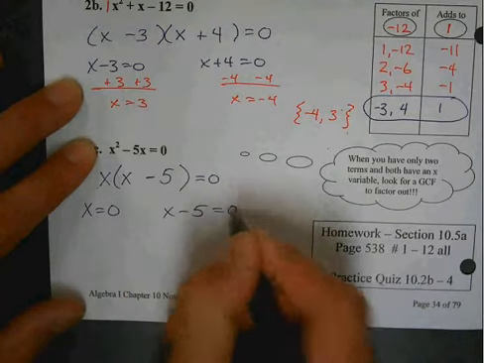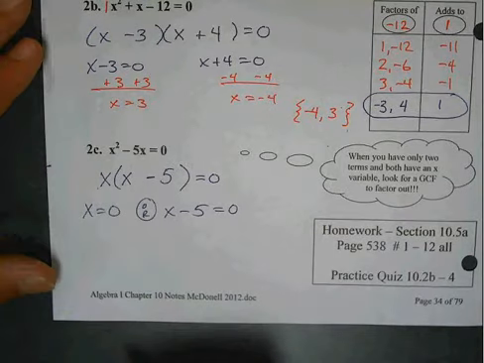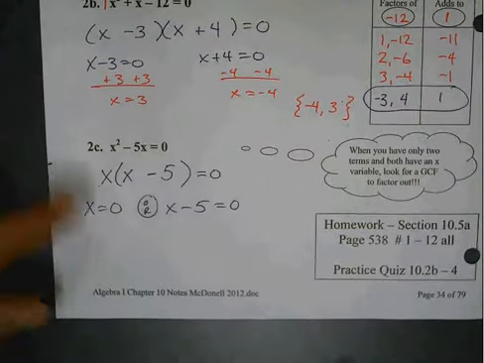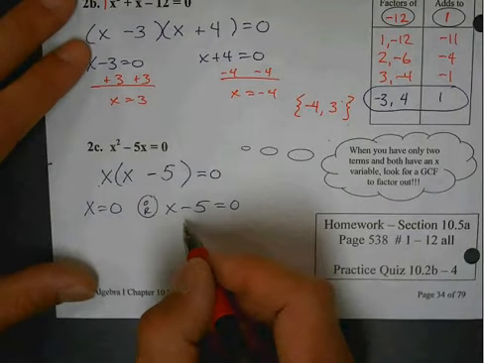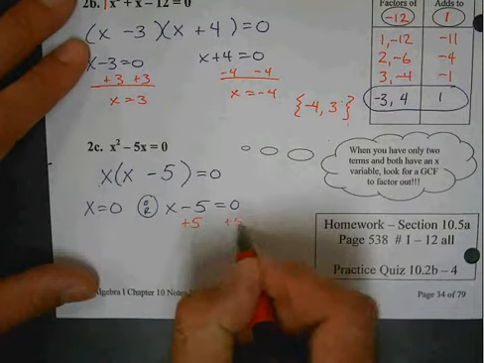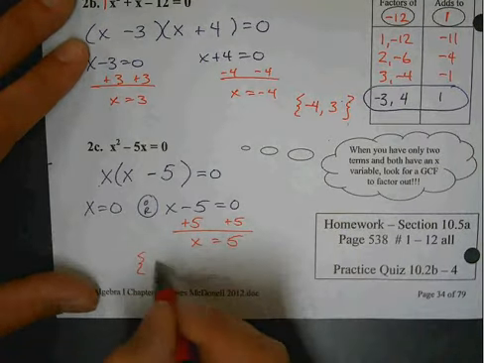X equals 0 or x minus 5 equals 0. The first one's already solved. The second one to solve, Noah, what would we do? Plus 5. So I write my answer, 0, comma, 5.